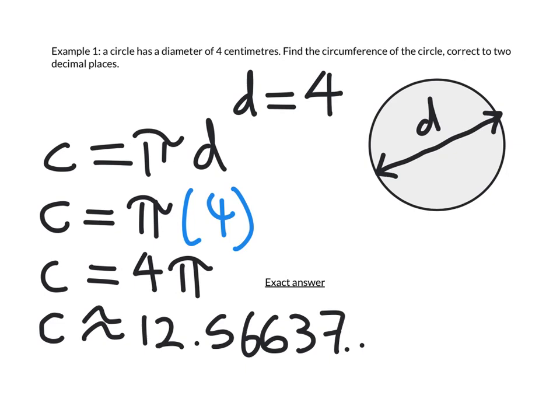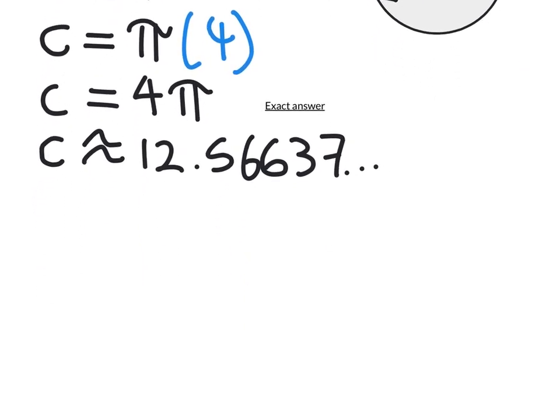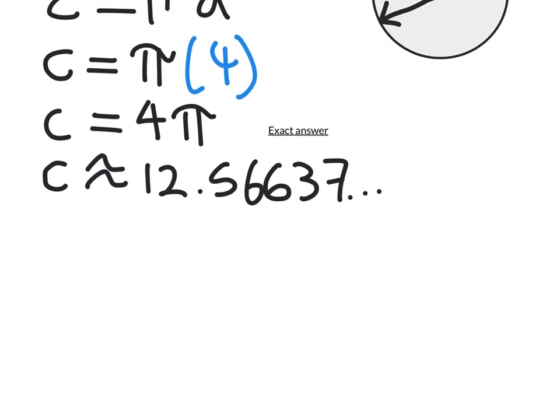That's our calculator there. And now to round it to 2 decimal places, if we look at this amount, we need to look here.